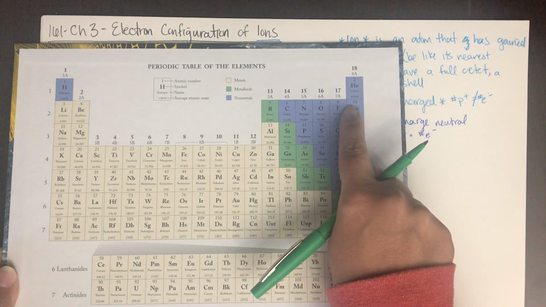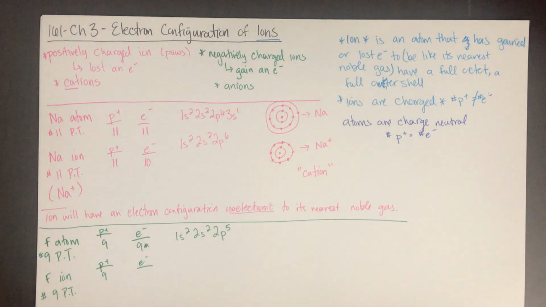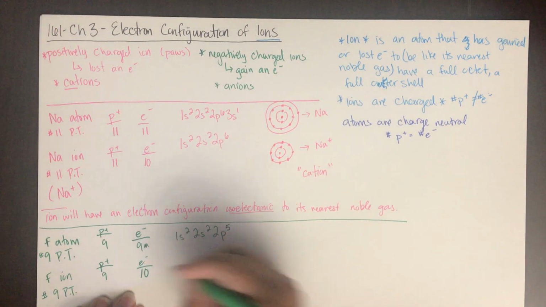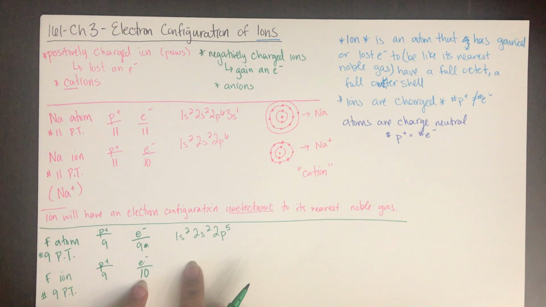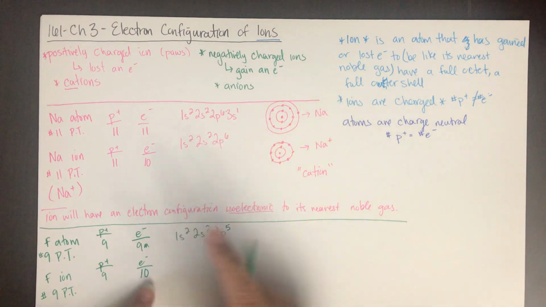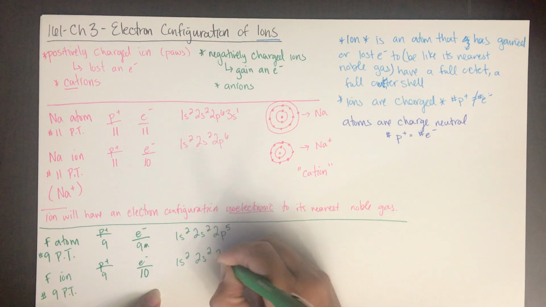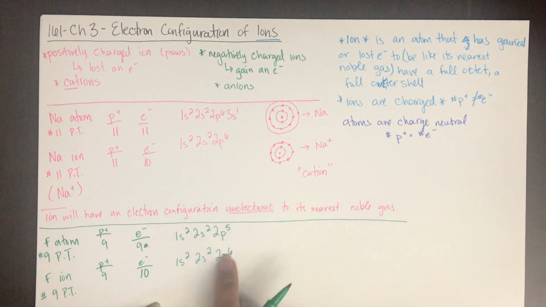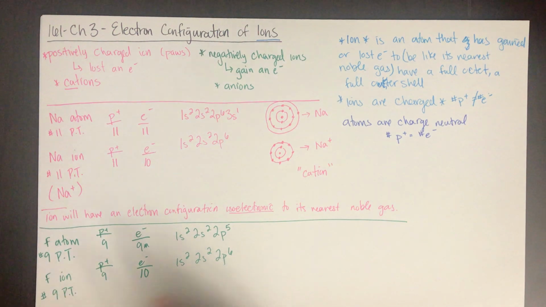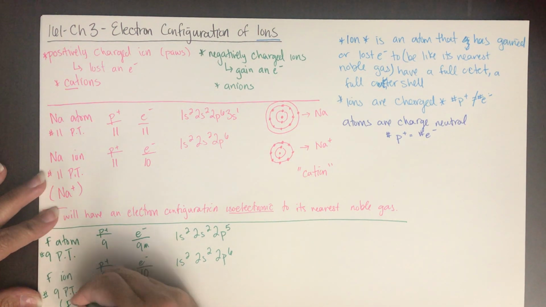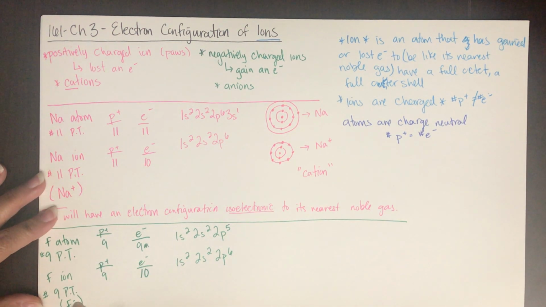To get like neon, instead of having 9 electrons, it's going to need to gain 1. It's going to have 10. So it gained an electron. So now the electron configuration, 1s2, 2s2, 2p6, it's gained an electron, which makes the symbol for the fluoride ion F minus, because it's gained something that is negative.